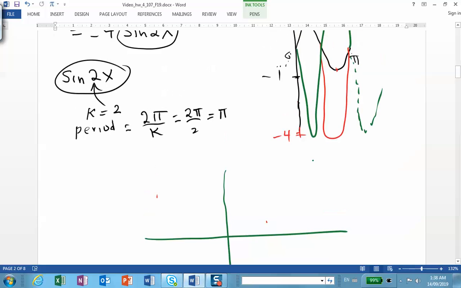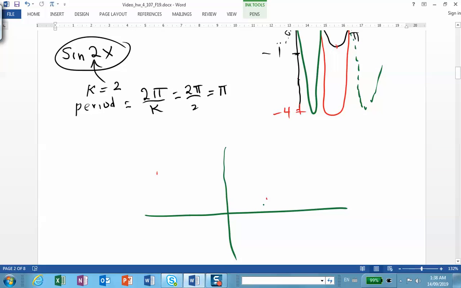So here is pi. Okay, so this is going to go to a height of 4, goes down. Oops, let me do a better job here. This is not the way I wanted to do it. So let me get rid of this. Let me put the pi here so that I have more room.